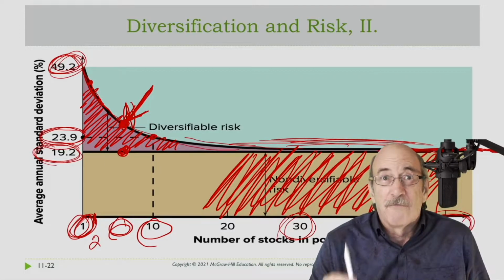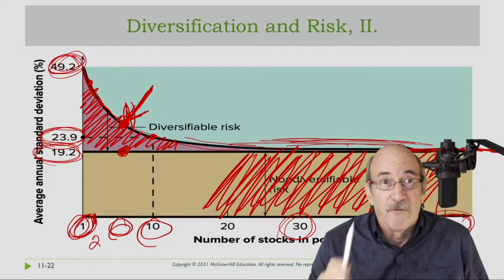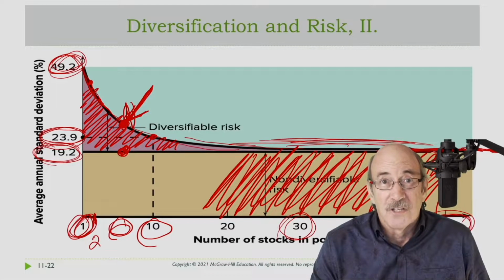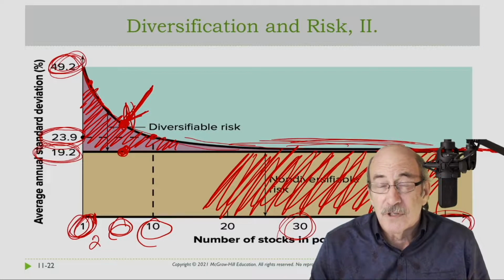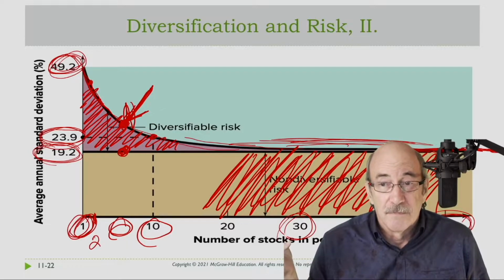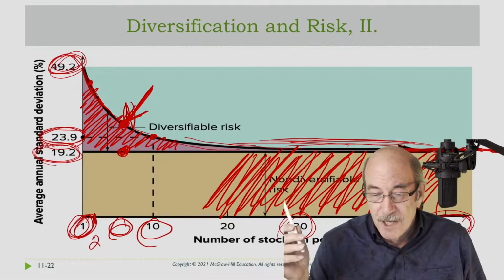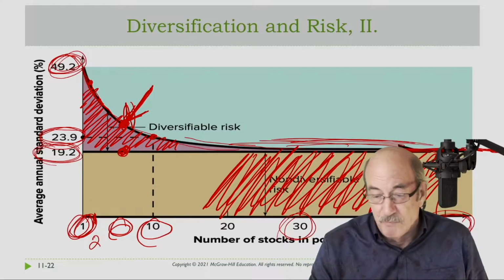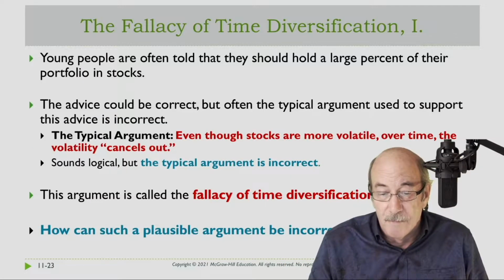But recognize that if we just hold that active portfolio with 10 securities in it, we're taking on more risk for no reason. Okay, so this graph really pretty much says it all.